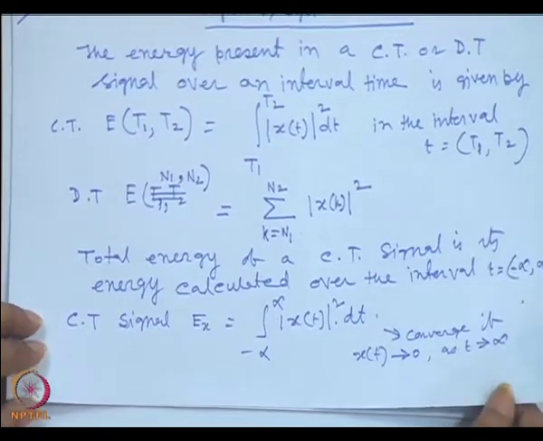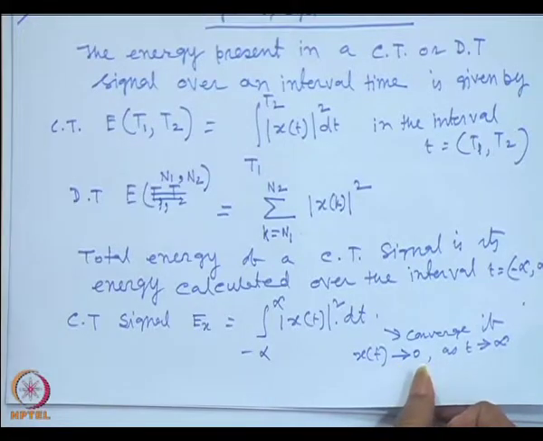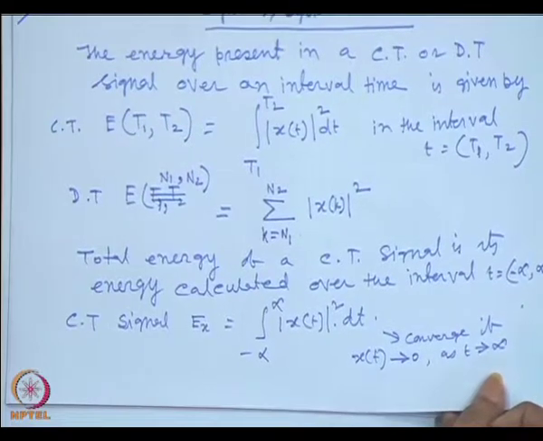When x does not tend to 0 as t tends to infinity, then we have to use another definition of energy content in that signal, that is called a power signal.